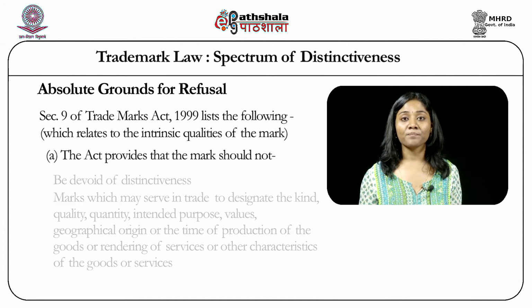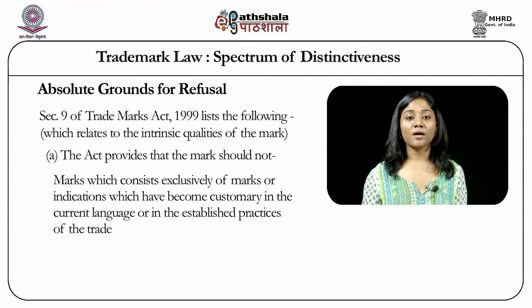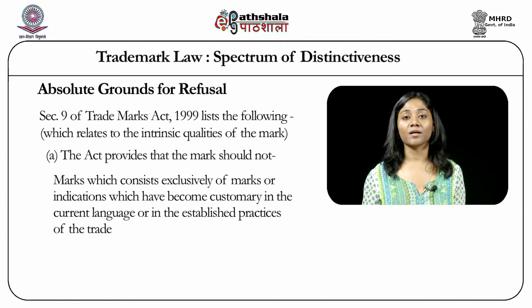And finally, marks which consist exclusively of marks or indications which have become customary in the current language. So customary words of the trade cannot be used. These are very similar, going back to what are the strong marks, what are descriptive marks, and what are generic marks. And like I mentioned before, the Indian Trademark Act requires trademarks to be distinctive, non-generic and non-descriptive.